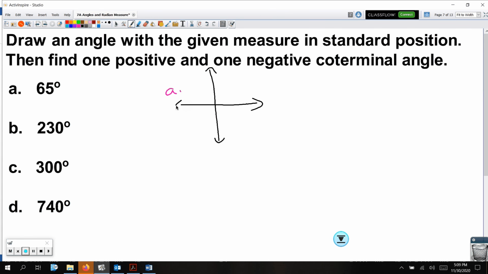All right, so it's 65 degrees, so that's not too far. That's going to be about right there. Now I need to add and subtract multiples of 360.